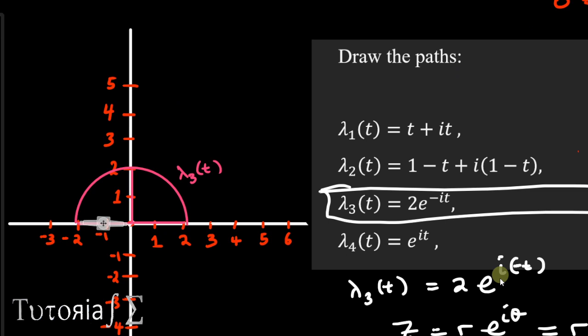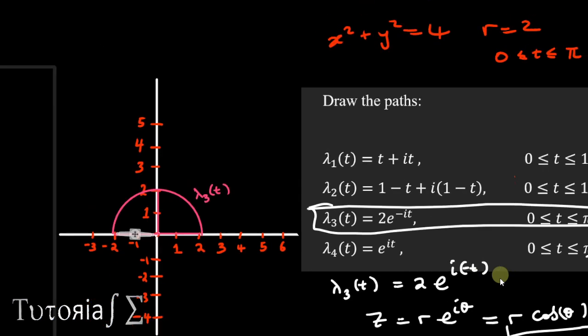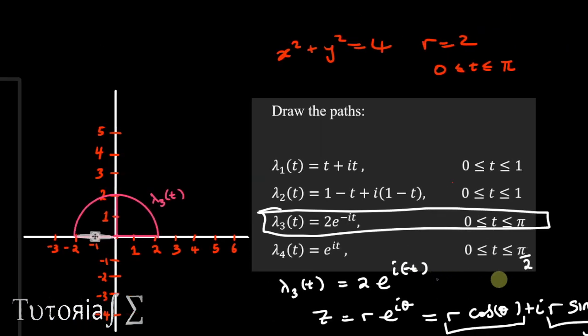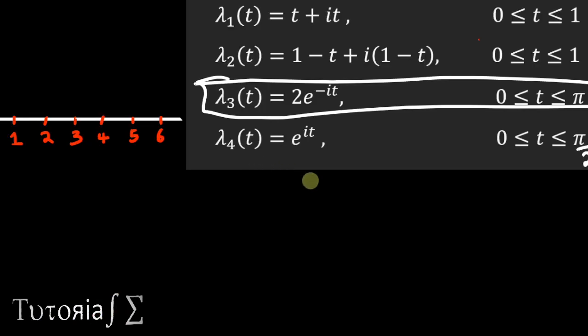So we can do the same thing for the other question. Let me clear the board out. All right, so let's look at this question. Again, it's the same thing, which can be written in this form.